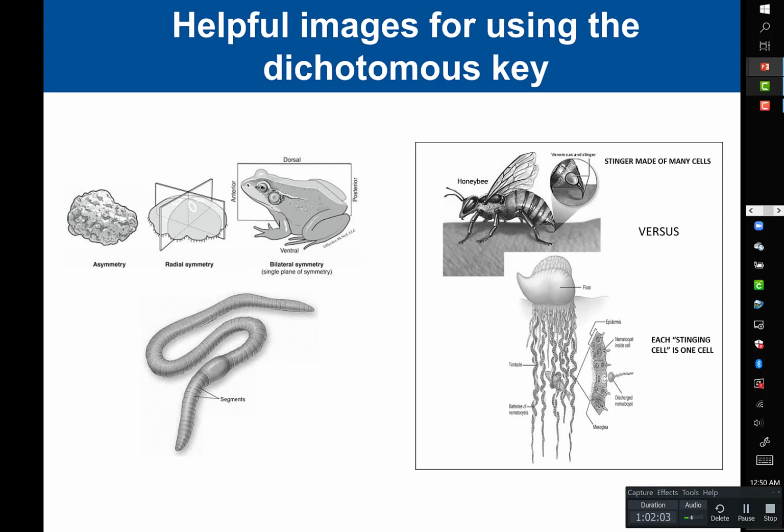So here are some helpful images to help you when using the dichotomous key, because some of these terms might be new for you. If we talk about asymmetry, it means that there's no symmetry, no way that you can divide it into equal parts. Humans have what's called bilateral symmetry, right?